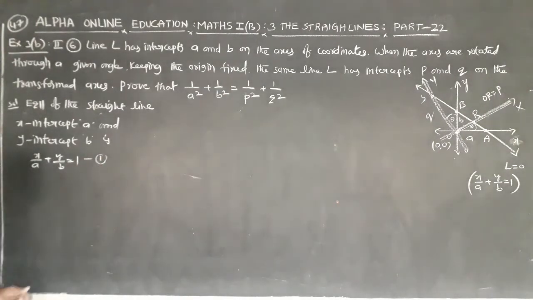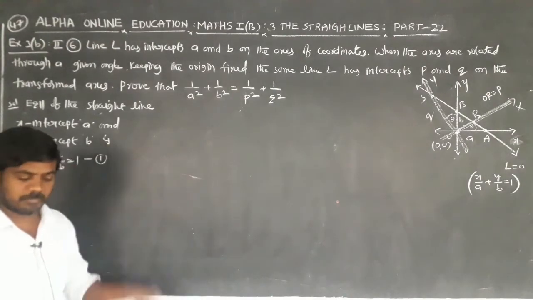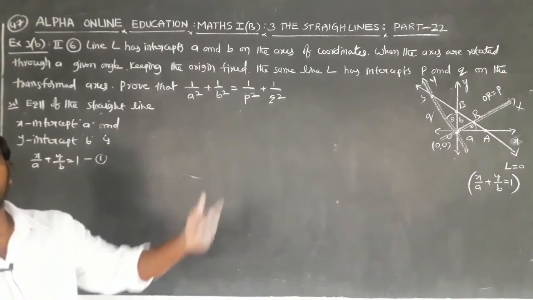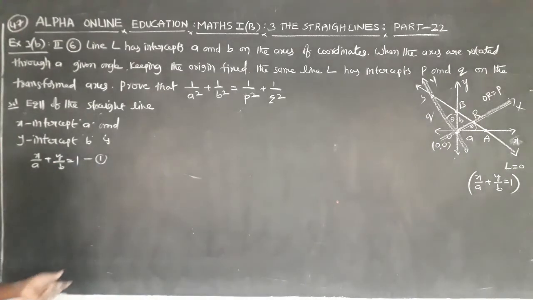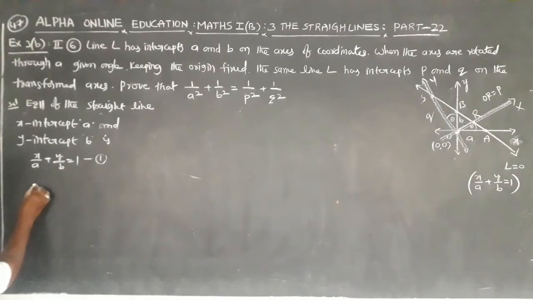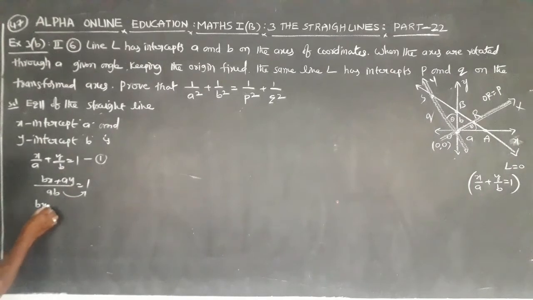The equation of the straight line in intercept form is to be reduced into normal form. Here, taking LCM ab, we get bx plus ay is equal to ab.